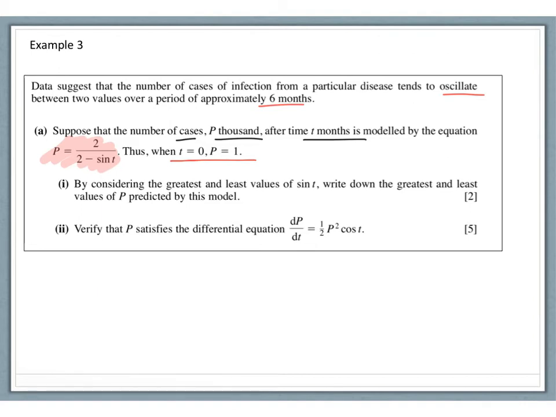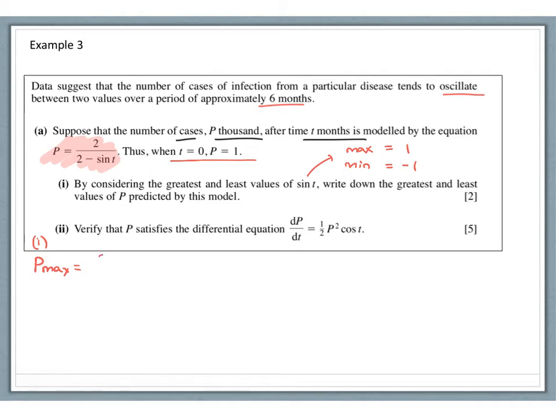by this model. So the greatest value of sine t is of course 1, and its minimum value is of course negative 1. Now, if we want to work out p maximum, then we want to make the denominator as small as possible.